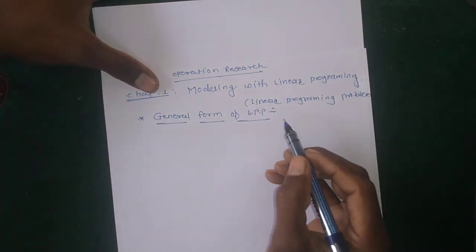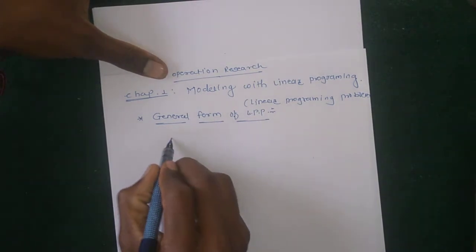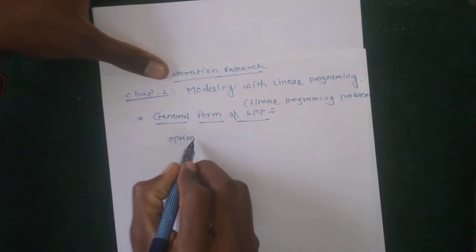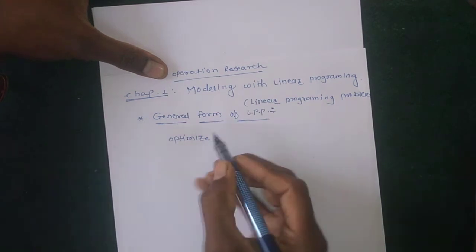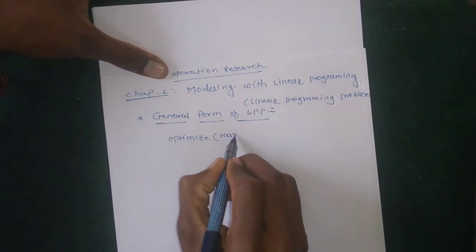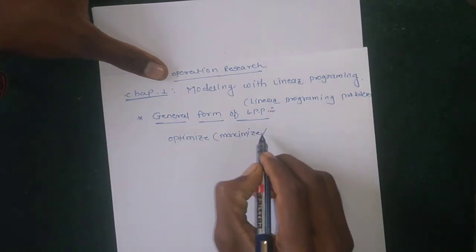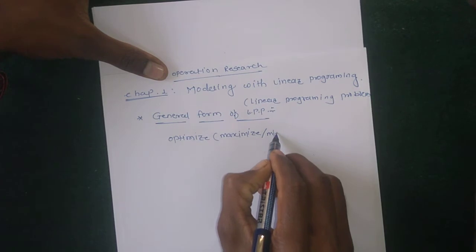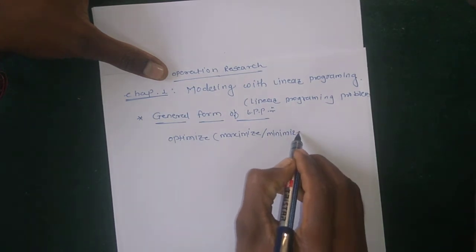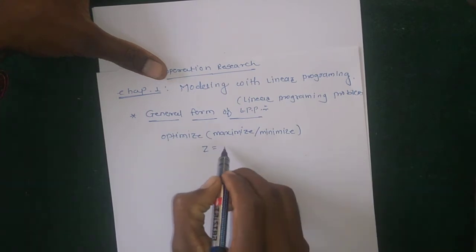What is the general form of LPP? The general form is to optimize. Here the condition is maximize or minimize; optimize means maximum or minimum.